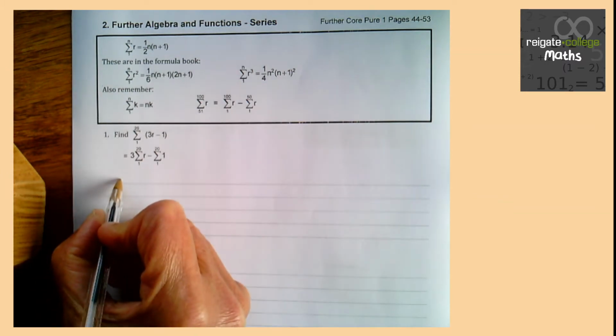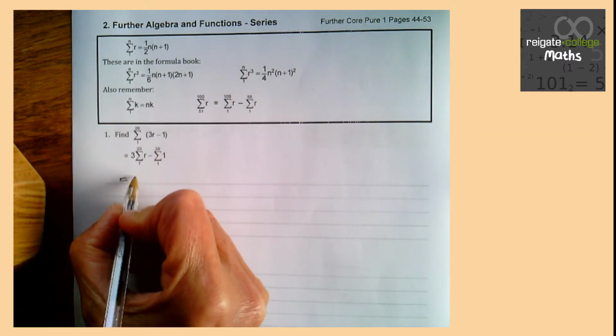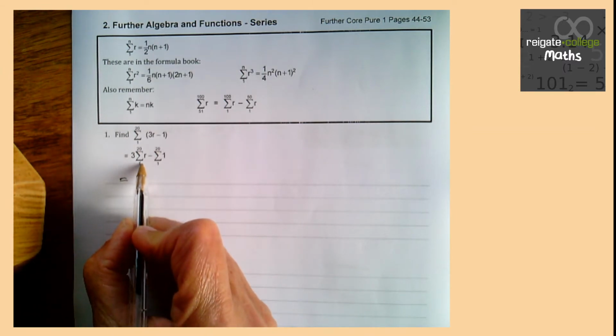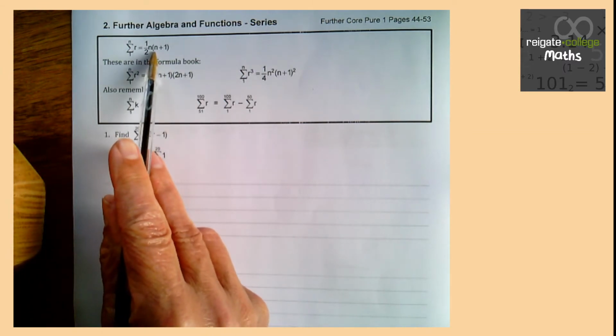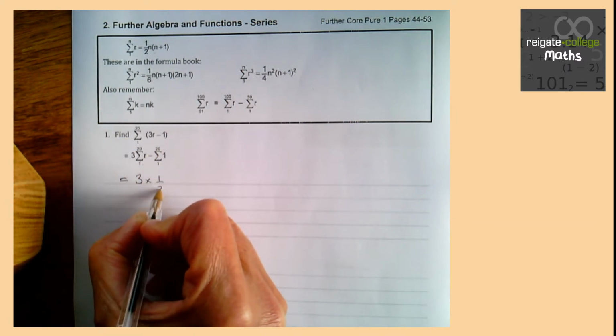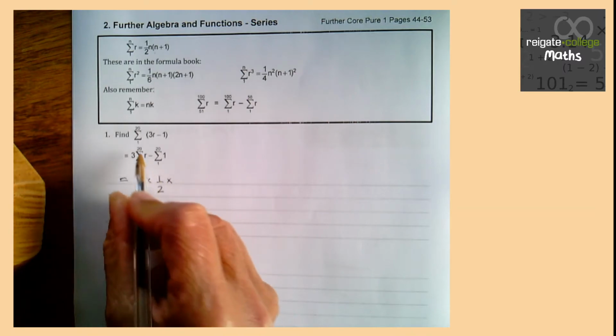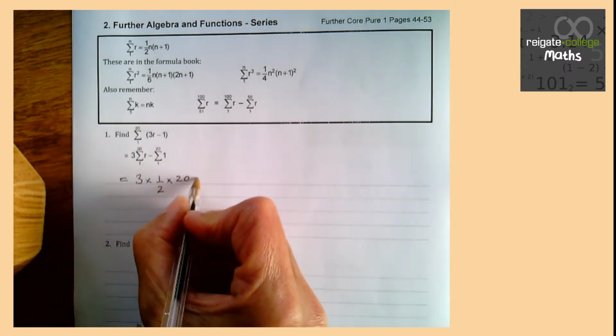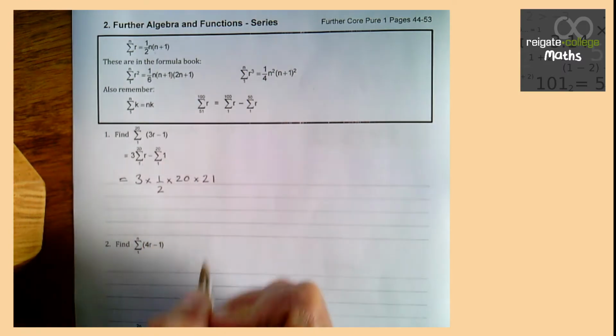So this is equal to 3 times the formula for the sum of the r's, a half multiplied by n, which in this case is 20, multiplied by n plus 1, which is 21.